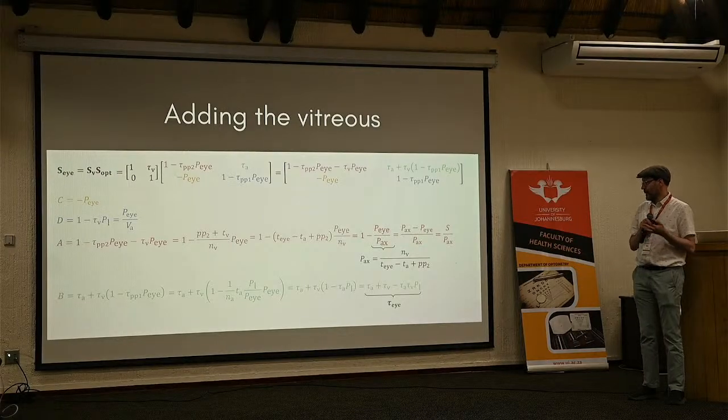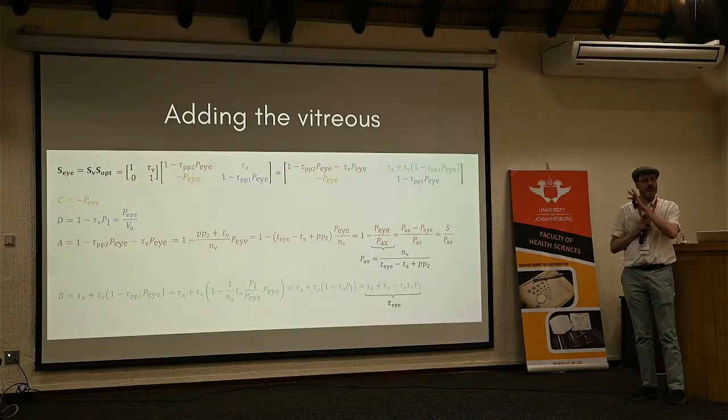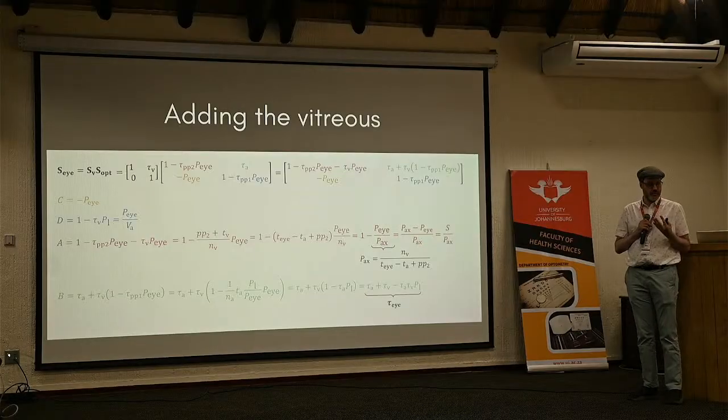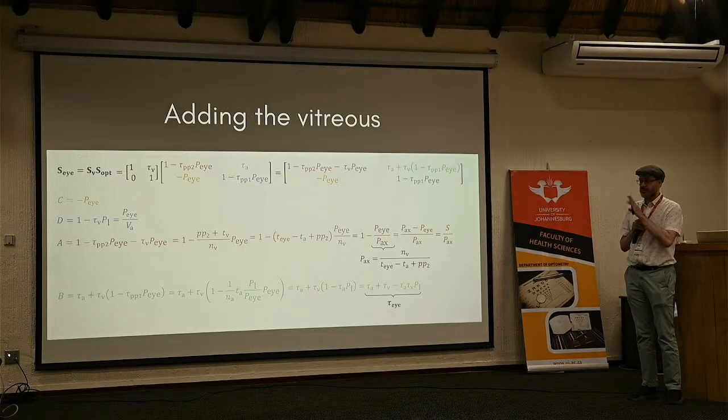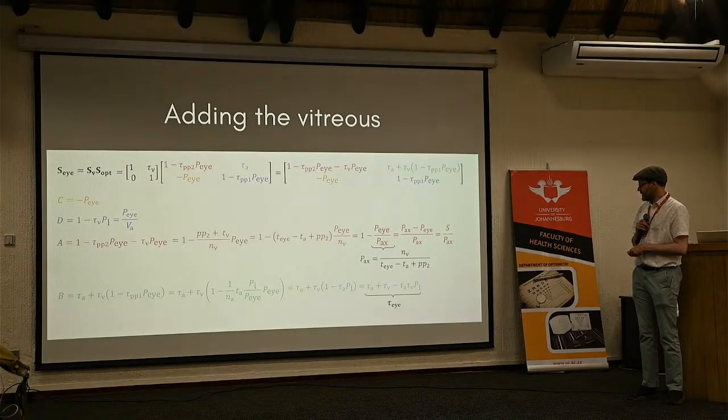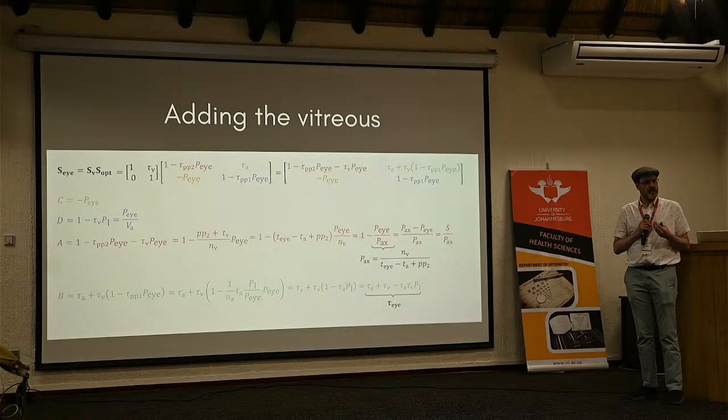This is just the two thin lens version. We also tried these equations with 3 surfaces, like a thin cornea and a thick lens, and even 4 surfaces. But these equations become quite complicated. One thing that we encountered there was that in this tau I, there was something along the line of an equivalent power, a principal power.